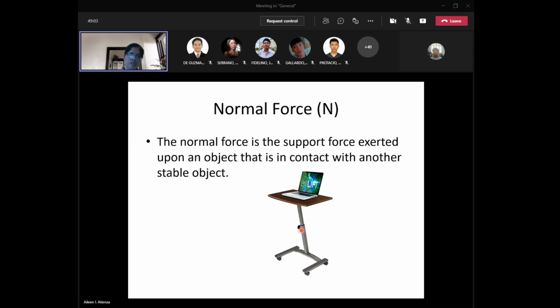If you have contacting surfaces, the two bodies are in contact with one another, so we have the normal force. And normal force is perpendicular to the contacting surfaces. So this is one body, another body. In contact, the normal force will be applied perpendicular to the contacting surfaces.